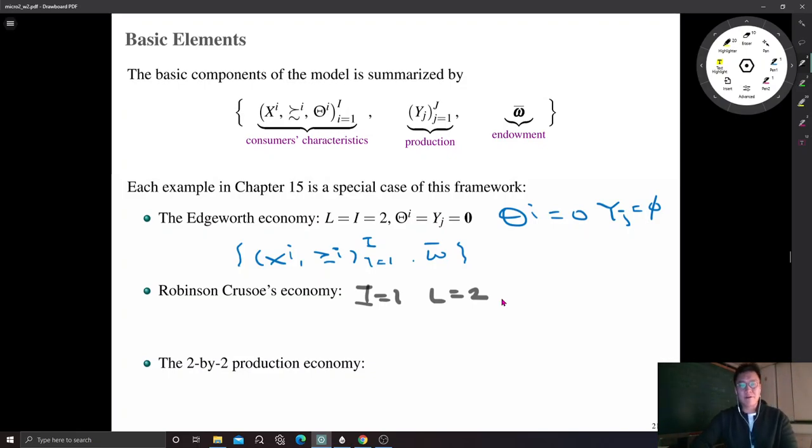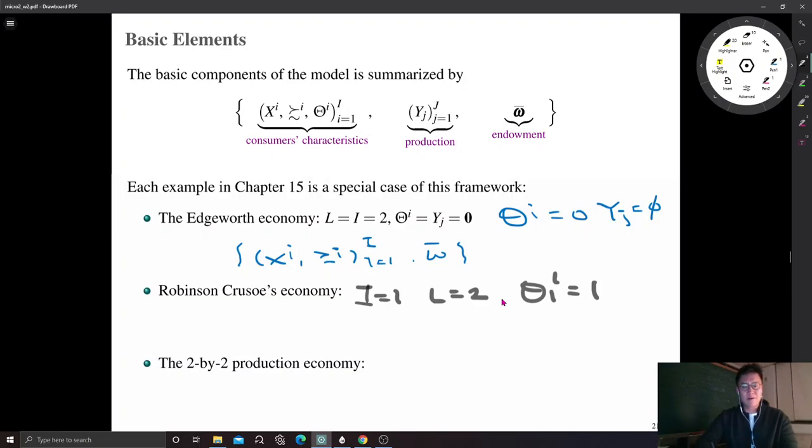And that firm was fully owned by this consumer. So theta 1 was equal to 1. So we assume the full ownership, right? One agent engages in consumption and production at the same time. So the firm is fully owned by the consumer. Of course, that is an unrealistic assumption, but that was just the example.